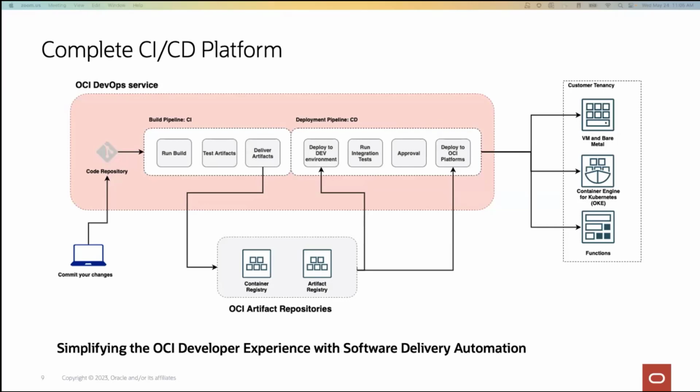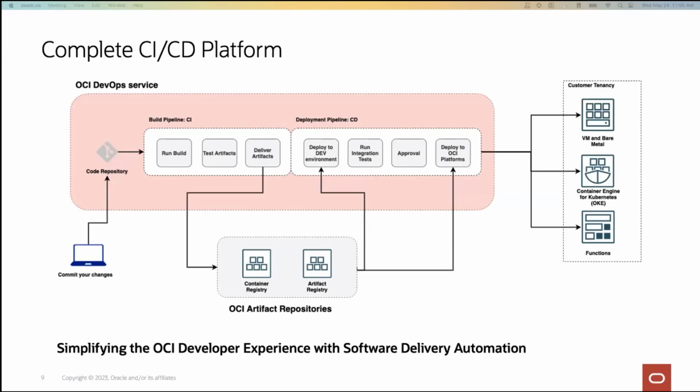You could just mirror your existing repository with GitHub, GitLab, Bitbucket, Visual Builder Studio, as well as other services. And then you'll be able to build this pipeline. So as and when I commit the code changes, you're able to trigger the build process. After you trigger the build process, you're able to run the build and test the artifacts before you deliver the artifacts.